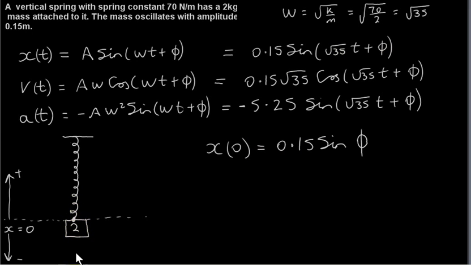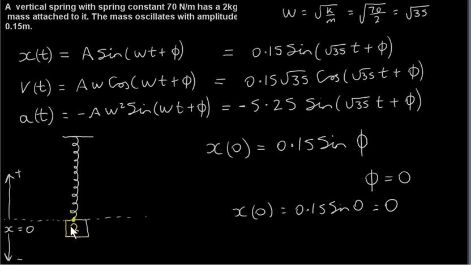So this mass is in motion, oscillating up and down with an amplitude of 0.15 meters. And the position at time 0 is given by 0.15 sine phi. But we could set, say, phi equal to 0, in which case the position at time 0 is 0.15 times the sine of 0. The sine of 0 is 0, so that's 0.